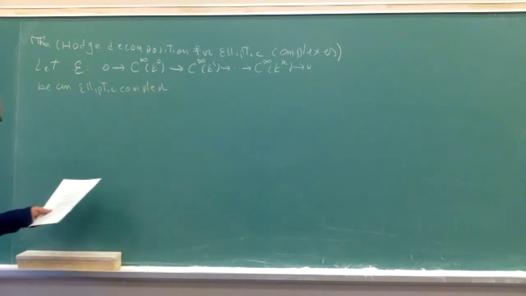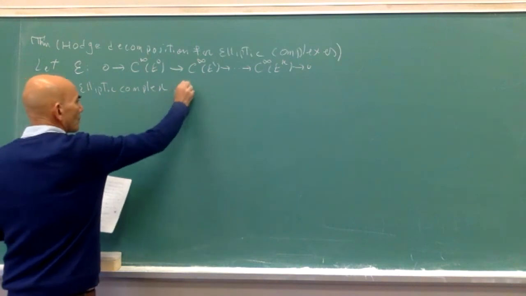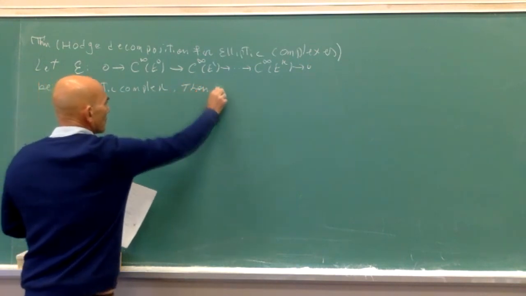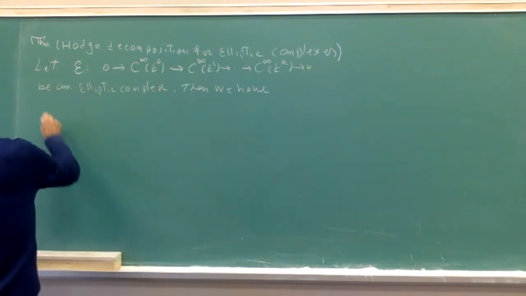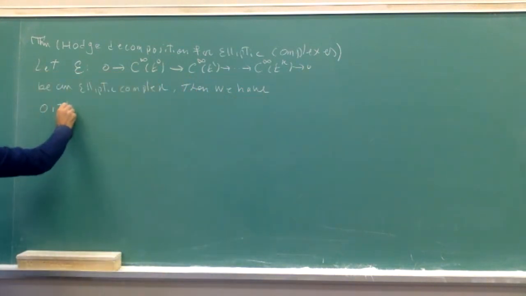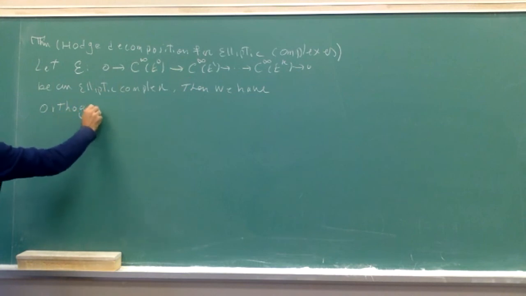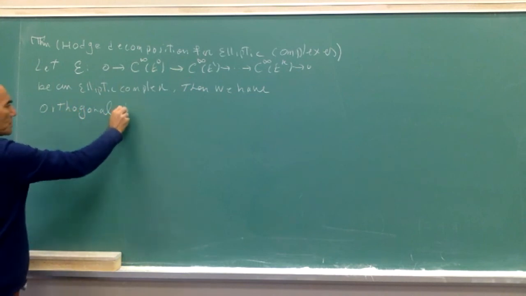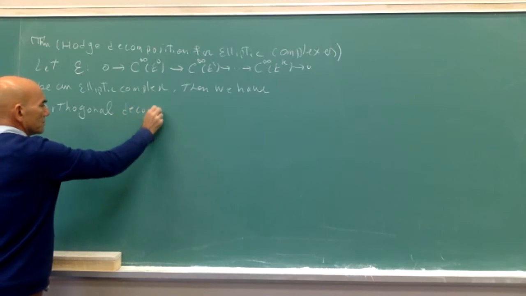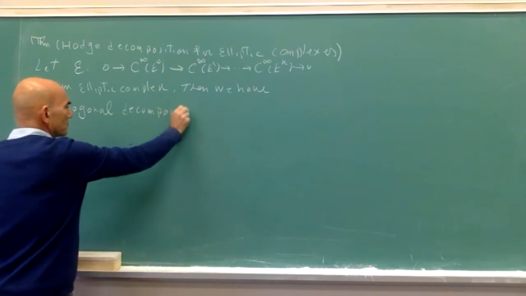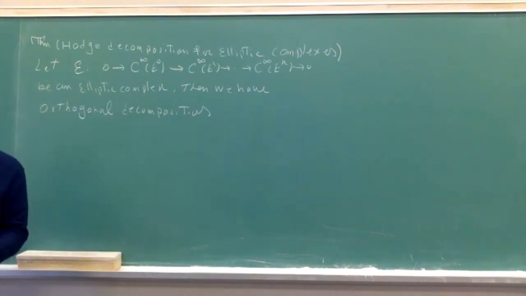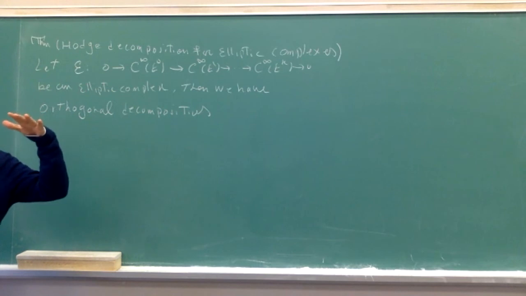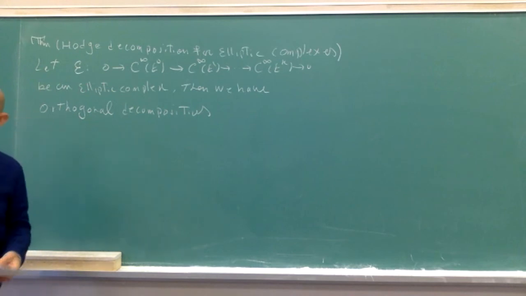Then we have orthogonal decompositions. So we have two orthogonal decompositions comparable to what we had, one on the L2 level, the other one on the C infinity level.